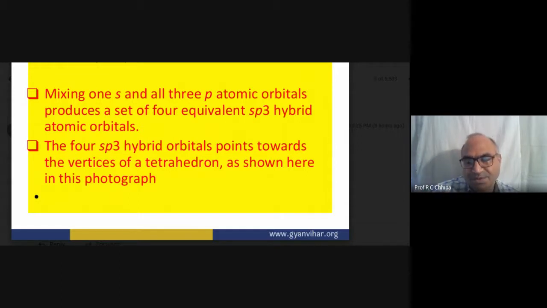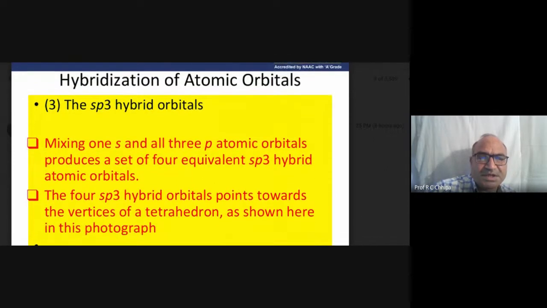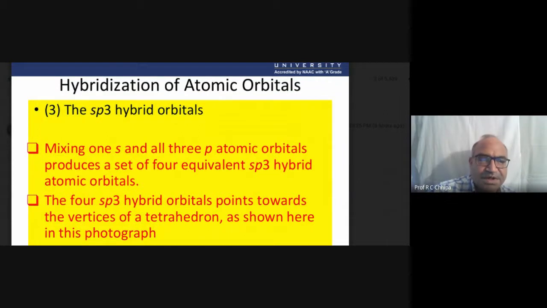the tetrahedral shape is formed. So what about the tetrahedron? The bond angle between the two bonds is also there. That concept is sp3 hybridization. Mixing one s and all three p orbitals produces a set of four equivalent sp3 hybrid orbitals, and these have the same energy and shape.